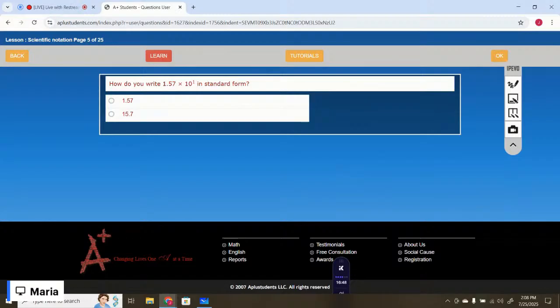How do you write 1.57 times 10 exponent 1 in standard form?